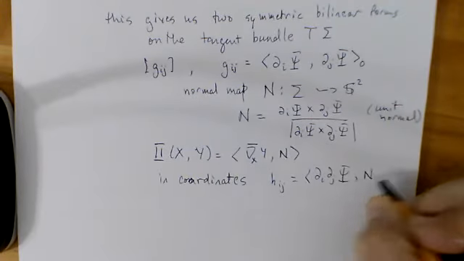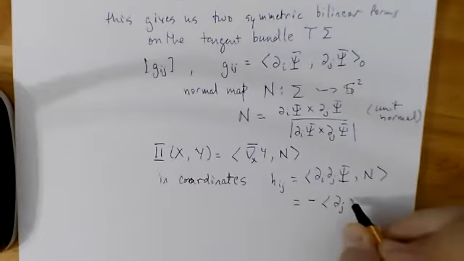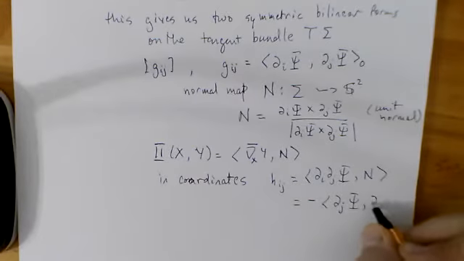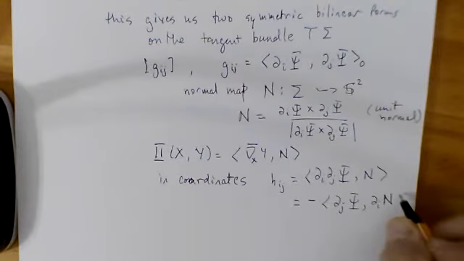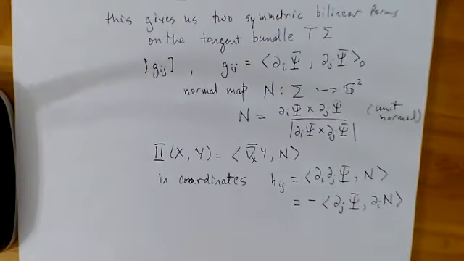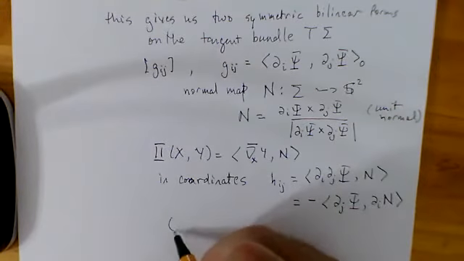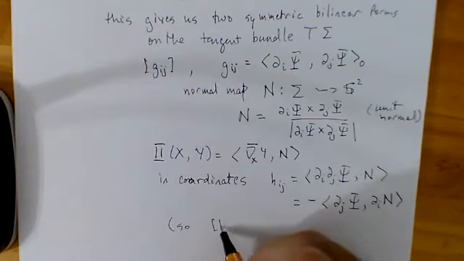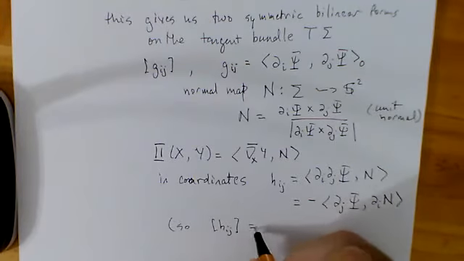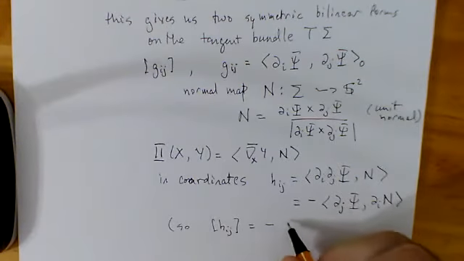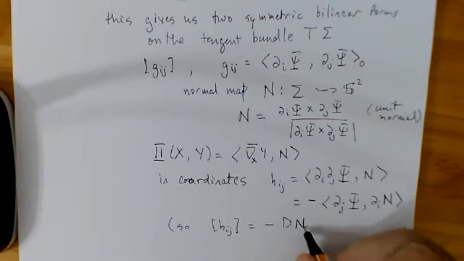This is the same thing as minus dj psi di n. So in some ways, you should really view this as minus the derivative of the normal map in local coordinates.